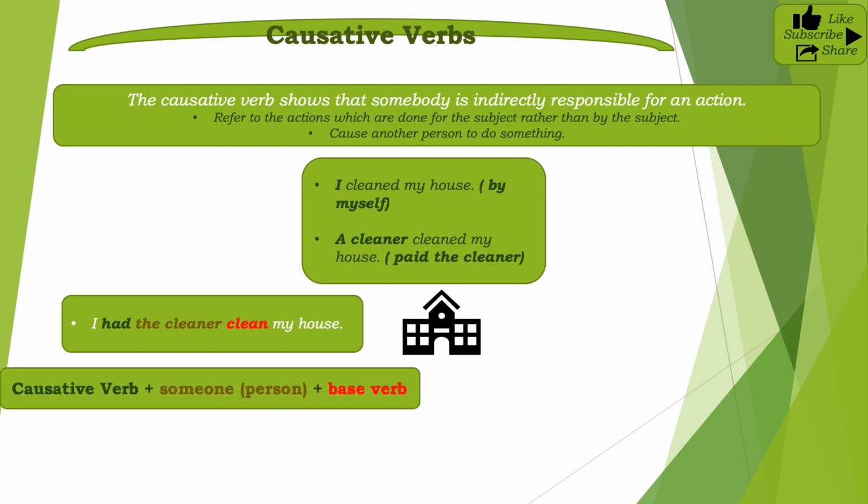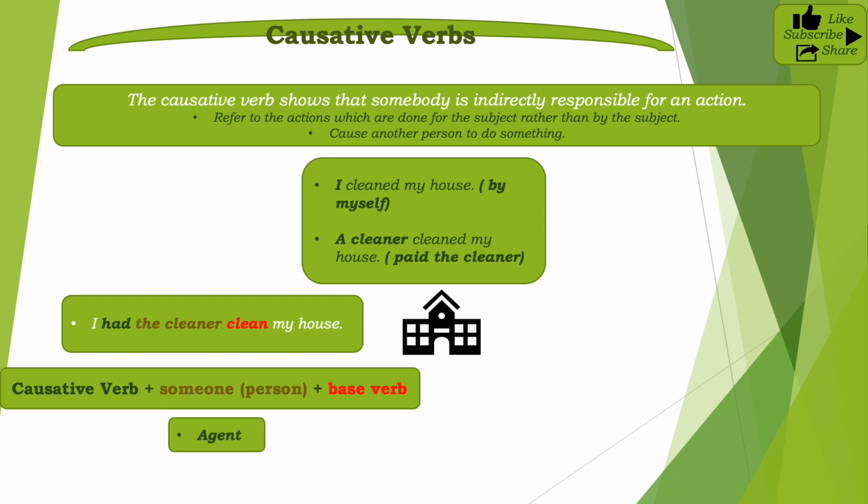We have a structure here: causative verb plus someone, a person, plus base verb, that means first form of verb. Here we have an agent, and the agent is the cleaner. So I made that agent do that task for me. So in this sentence, the agent is the cleaner and I had the cleaner clean my house.